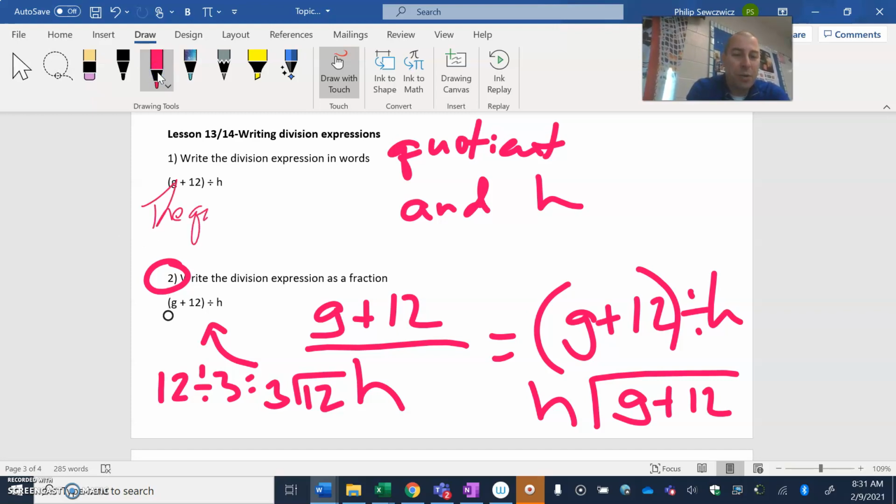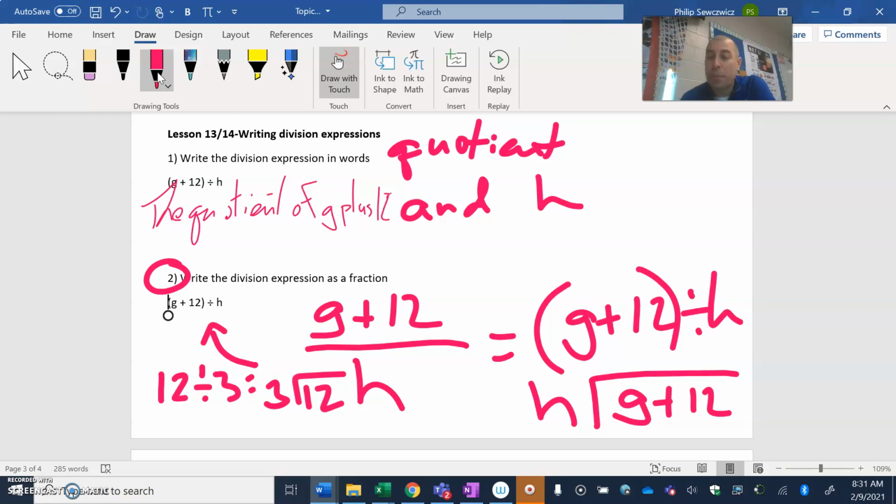The quotient of G plus 12 and H. No symbol here, remember, we want words. So it's not the quotient of G, and then we pause.